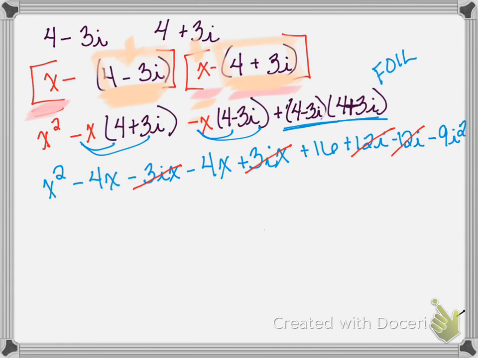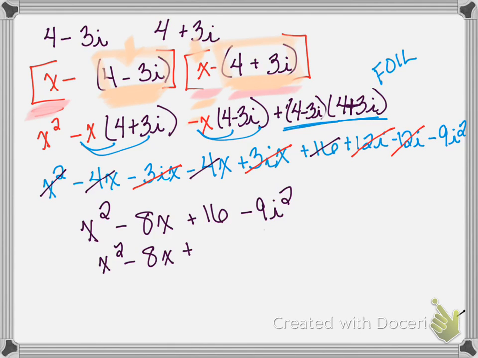If your i's do not cancel out, you have made a mistake and you need to go back and look at it. So now I'm left with x squared minus 8x. Then I have plus 16 minus 9i squared. And we know that i squared is negative 1.